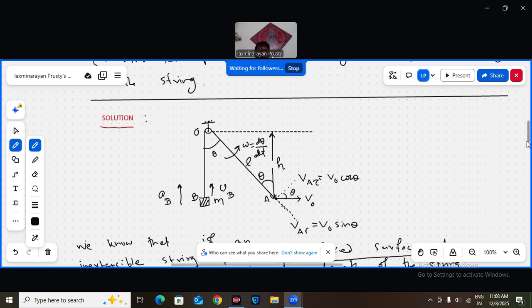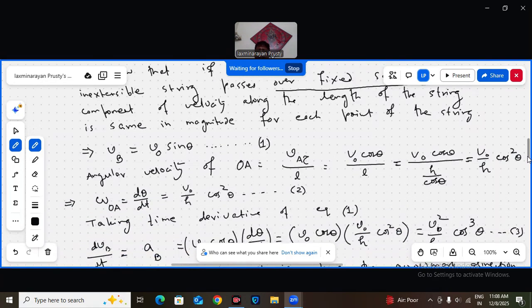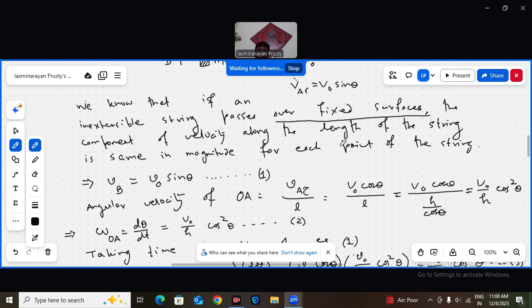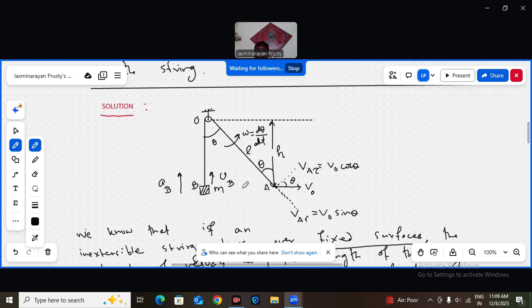So the component of the velocity along the length of the string for each point is the same in magnitude. So if I say BOA is the string, for every point of the BOA string, the velocity component along the length of this string should be the same in magnitude.